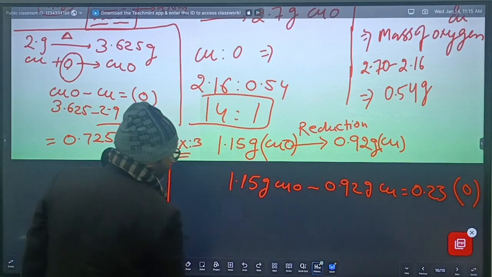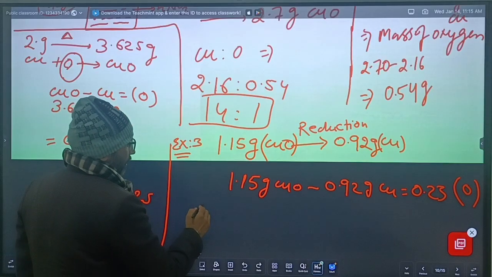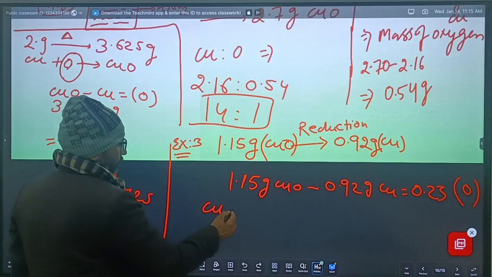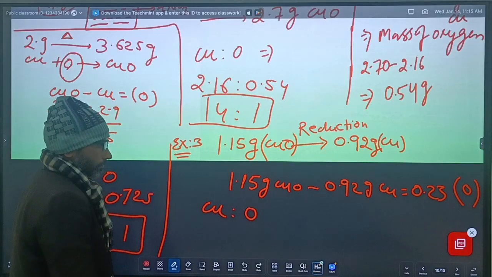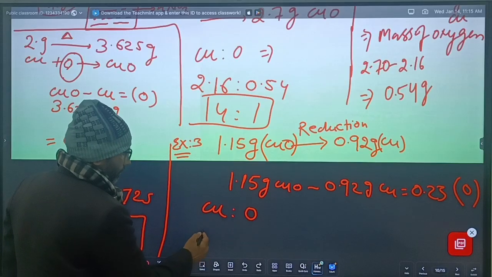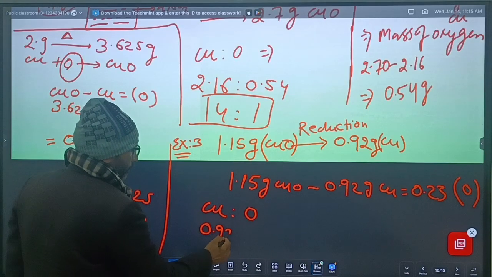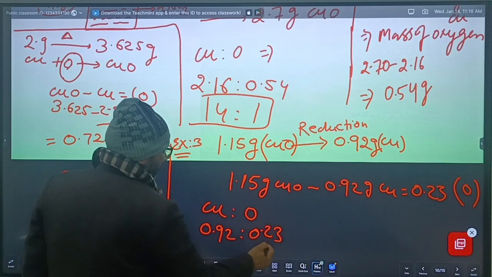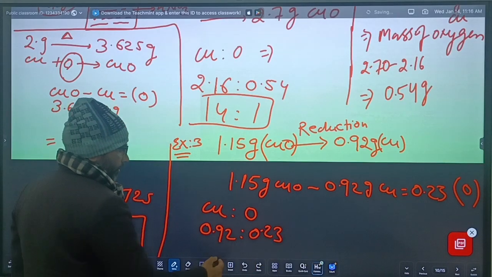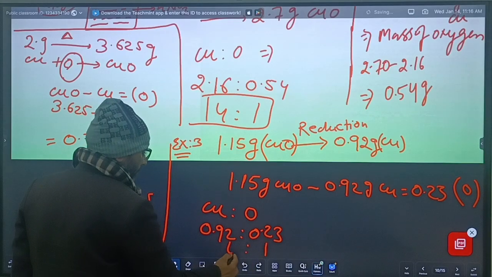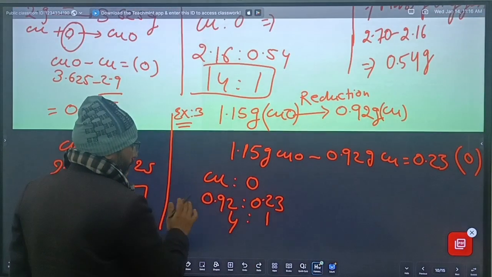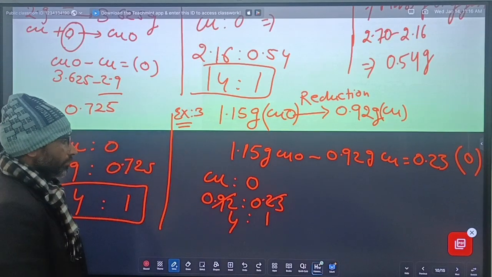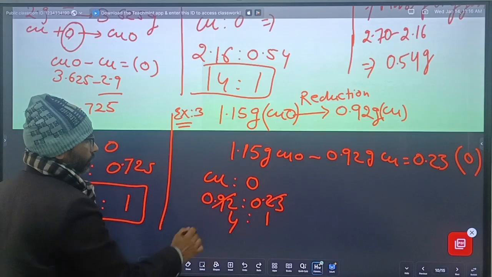Now we will calculate the mass ratio of copper to oxygen to prove the law of constant proportion. What is the mass of copper? 0.92. What is the mass of oxygen? 0.23. What is the simple whole number ratio? It comes out 4:1.